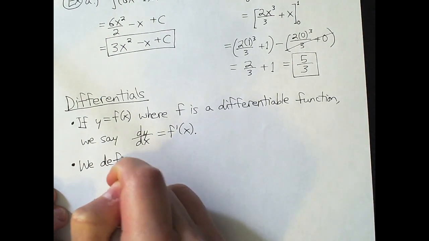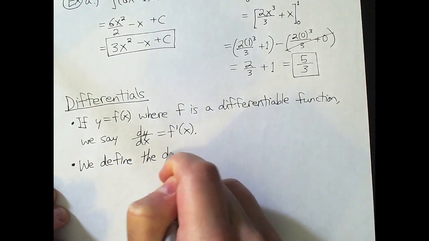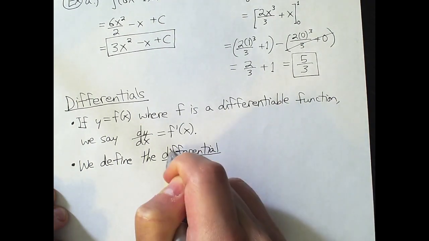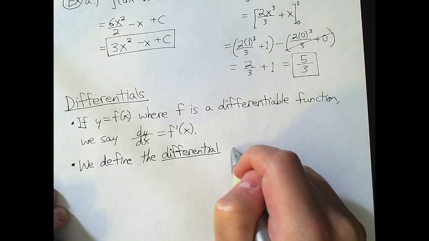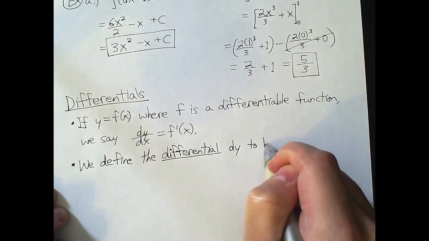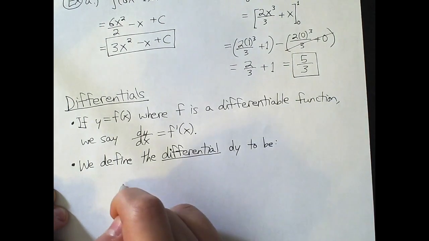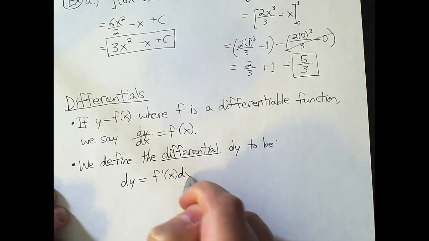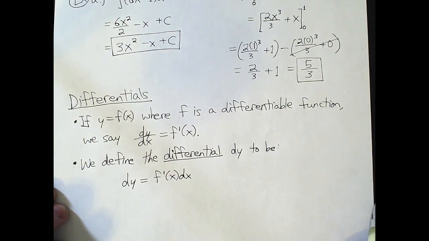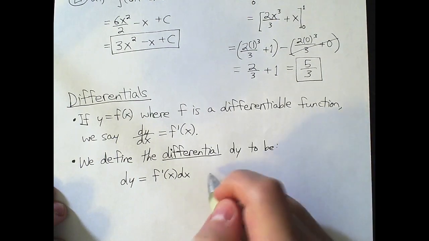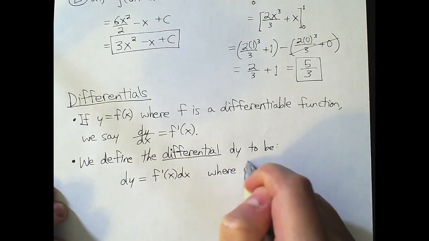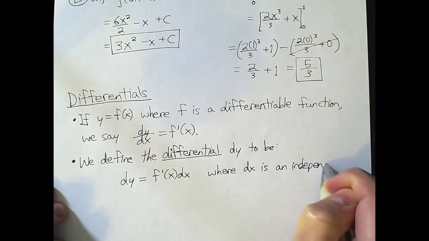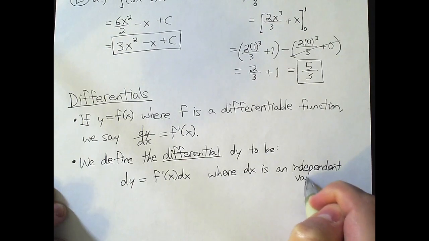But now we define the differential. We define the differential dy to be dy equals f prime of x dx, where dx is an independent variable.